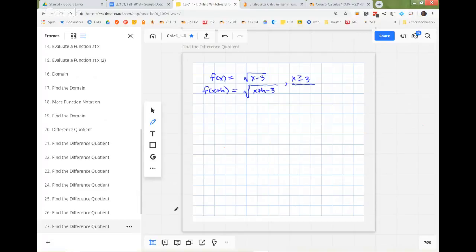Now, notice I listed after that a comma, which is restricting the domain. Why? Because I know if we pick a value of x less than 3, it's going to cause an illegal calculation over the real numbers. So we got to pick numbers greater than or equal to 3.